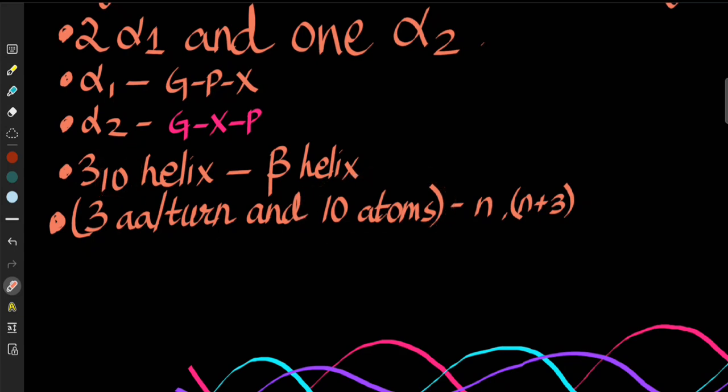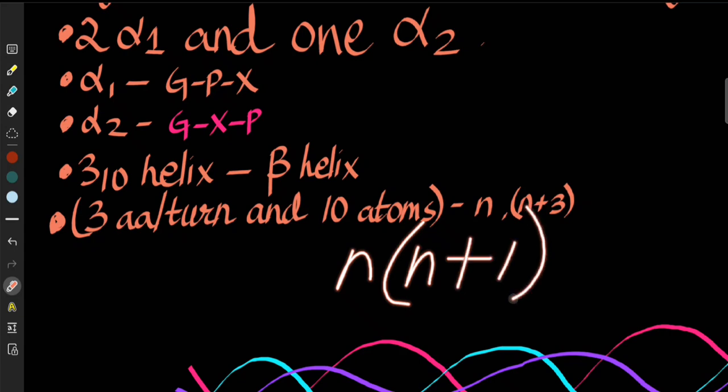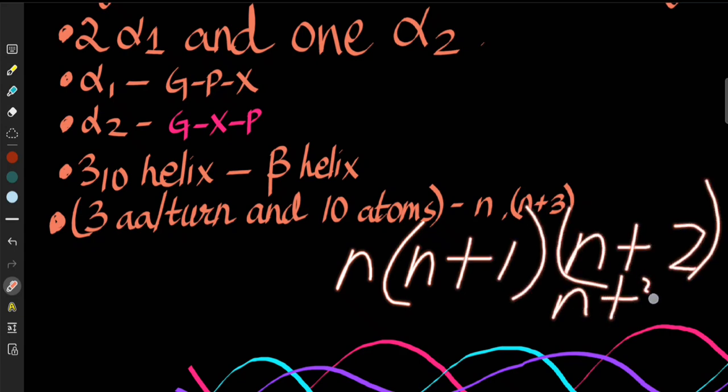And then I've just written out here that the first amino acid which will be participating in the formation of the hydrogen bonds will be the first amino acid, and this would be the fourth amino acid, right? Because N, then we'll have N plus 1, then N plus 2, and then N plus 3, right? So which amino acid am I talking about? 1, 2, 3, 4. So the fourth amino acid, right?